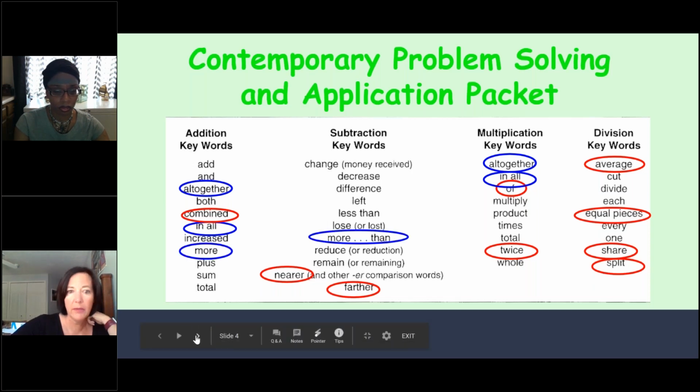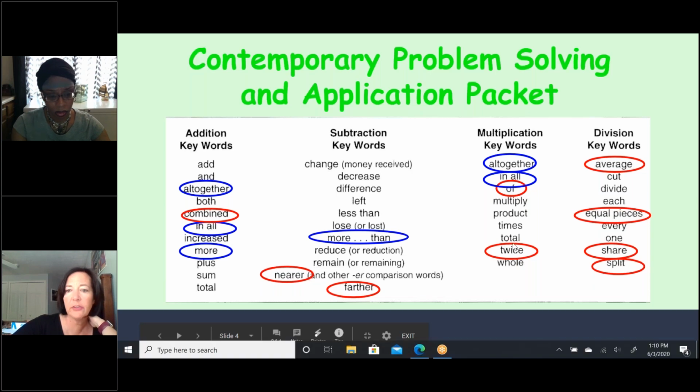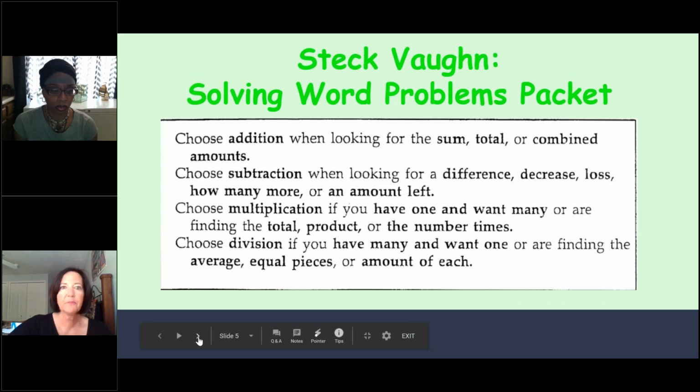And more than. This one also can be confusing. More is a keyword for addition, but if they're asking how many more than something else, that's a keyword for subtraction. So don't rely too heavily on keywords, but they can be a hint to your equation.